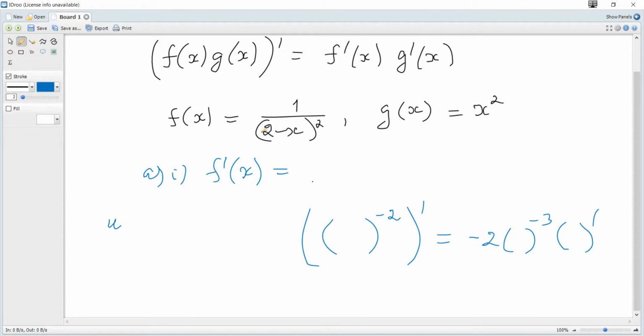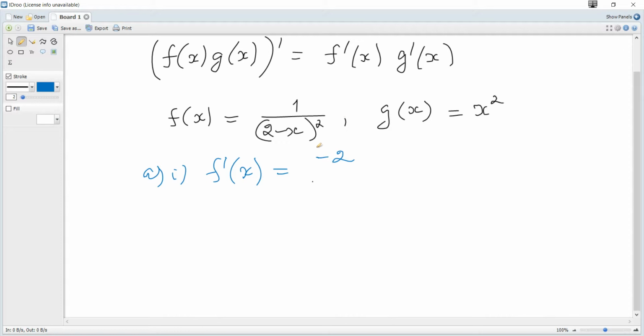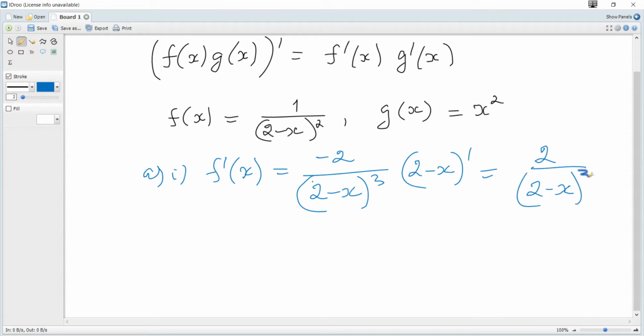It will be harder and not useful, but in general it's possible. So it becomes negative 2 times (2 minus x) to the negative 3, which is (2 minus x) cubed in the denominator, multiplied by the derivative of 2 minus x, which is negative 1. So it becomes just 2 over (2 minus x) cubed.